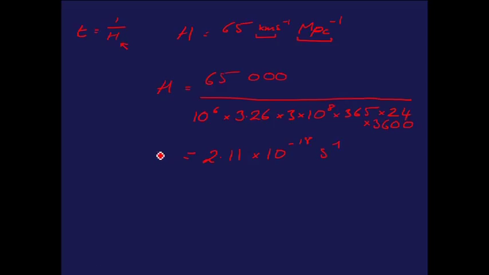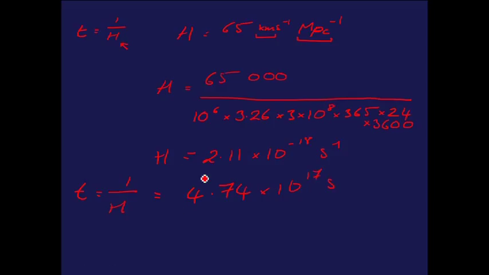seconds to the -1. Now that we've got the Hubble constant in seconds to the -1, we can work out the age of the universe by doing 1 over this. If we use 65 kilometers per second per megaparsec, it comes out to 4.74 times 10 to the 17 seconds.